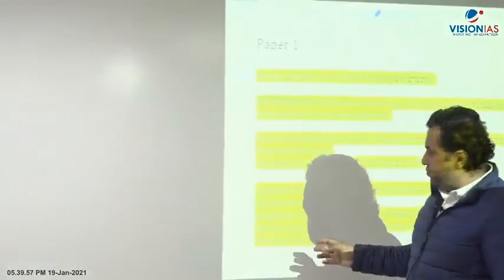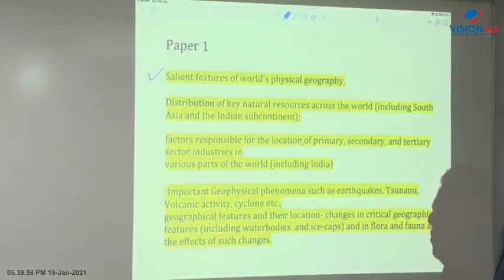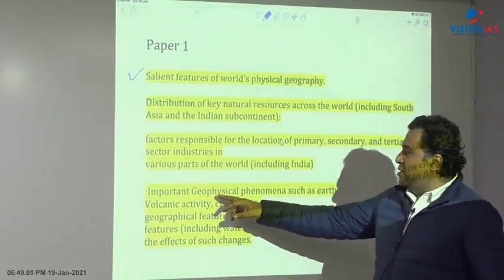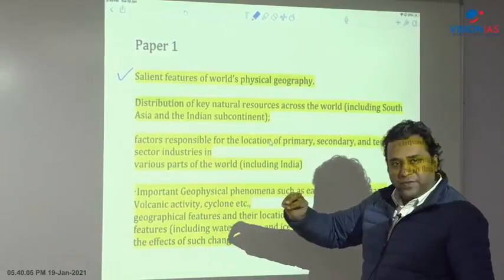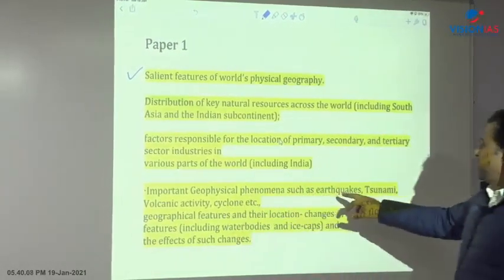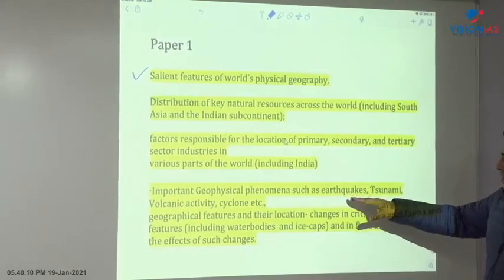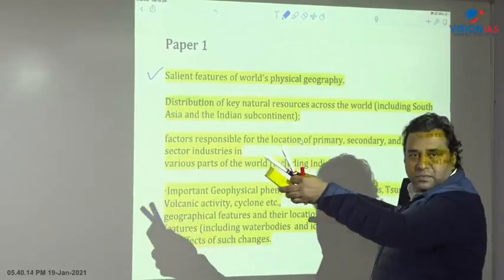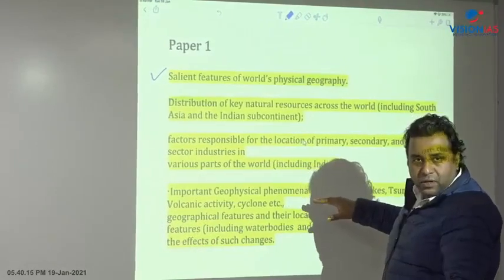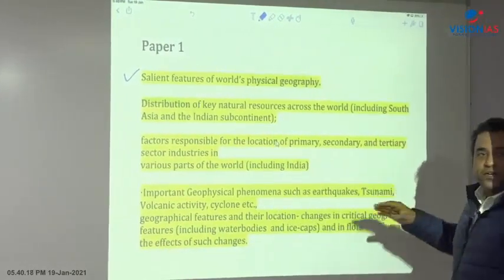Please see here. Okay. What does it say? Important geophysical, again, geographical, physical phenomena such as earthquakes. Now, where does earthquake take place? Land, yes or no? Or in the ocean floor? We know. Then tsunami. Where does the tsunami take place?